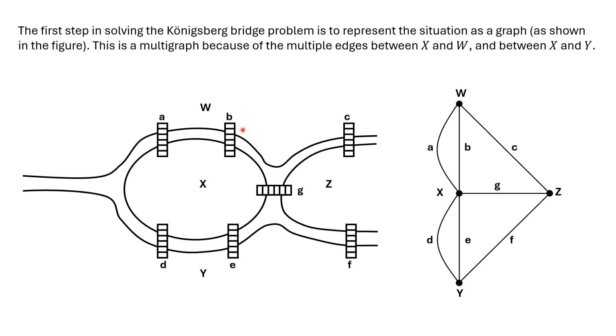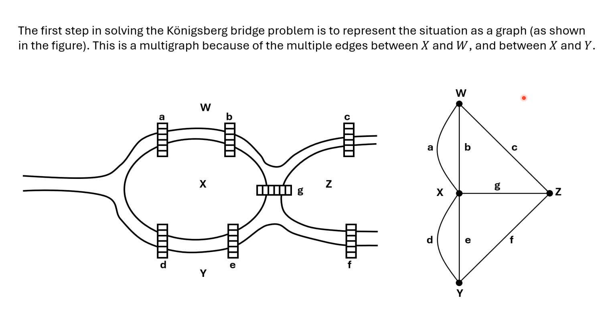So you notice from area W, we can get to X over either bridge A or B. We can get from area Y to X over bridge D or E. Go from area X to Z through bridge G. Then from W to Z is bridge C. And then finally you can go from area Y to area Z over bridge F. So we have this graph here.